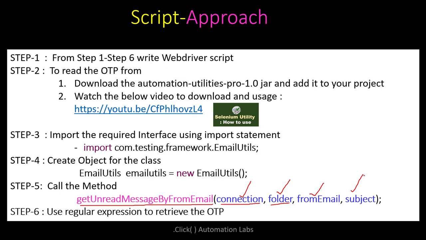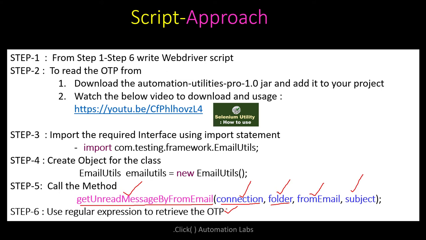In the subject line you can mention, for example, reset password or request for a password, whatever your expected message subject line is. Then this method will retrieve the complete email text. In that email text you can retrieve the OTP, because the OTP would usually be an integer. You can easily retrieve the OTP using regular expression utilities.